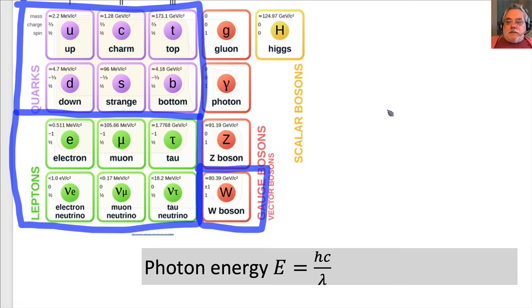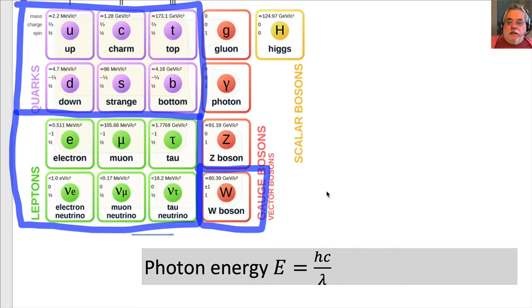The weak interaction is responsible for radioactive beta decay of unstable radioactive nuclei and for initiating nuclear fusion in the Sun. These bosons have heavy masses, 80 billion electron volts, 80 times the proton's mass, and lifetimes less than 10 to the minus 24 seconds.